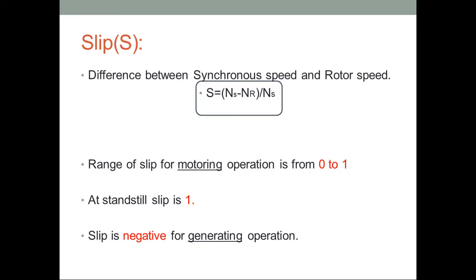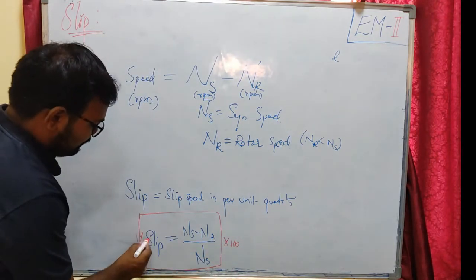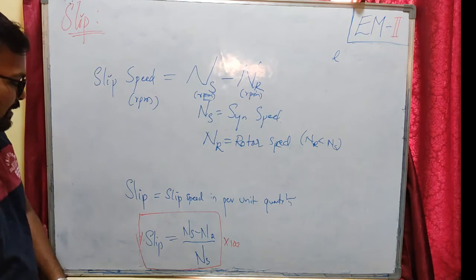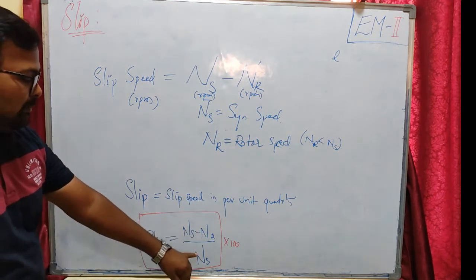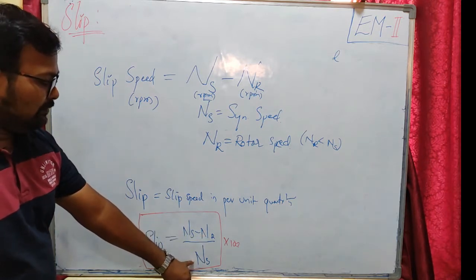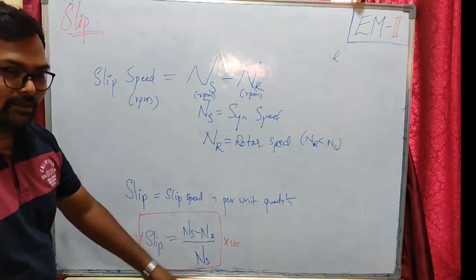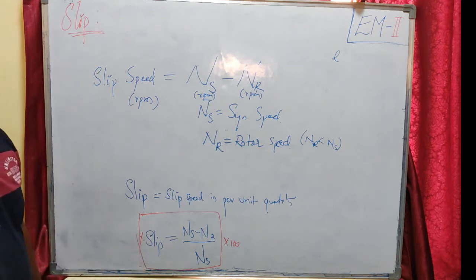This is slip, and if you multiply by 100, this will be percentage slip. So finally this is the expression we got for slip: Ns minus Nr by Ns, where Ns is synchronous speed, Nr is rotor speed, and we are measuring with respect to our synchronous speed. This is the concept of slip.